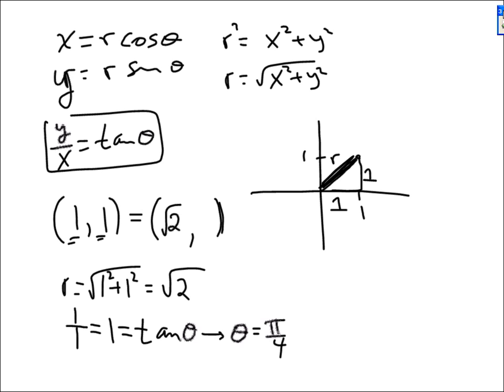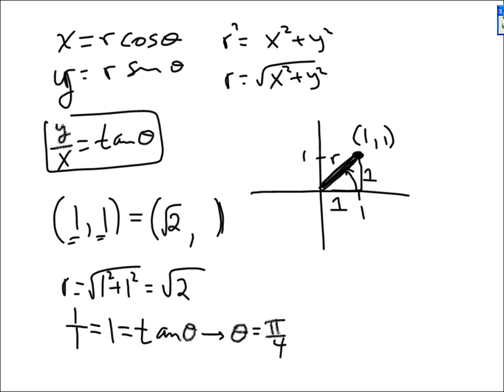Now, the reason I'm using pi over 4 and not 5 pi over 4 is because our point 1, 1 is in quadrant 1. That is, this angle is between 0 and pi over 2, between 0 and 90 degrees.